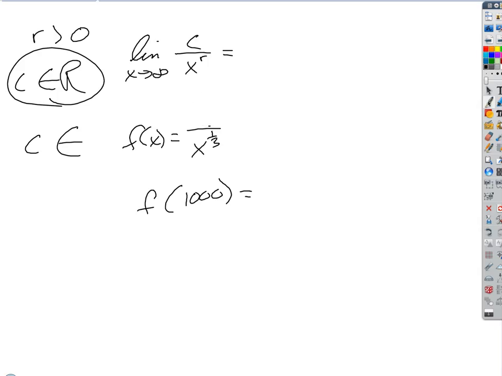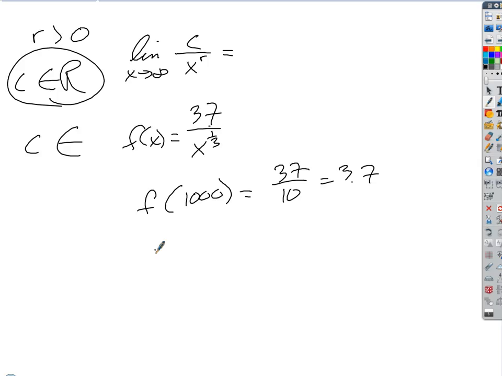Okay, that's big. So f of 1,000 would be 37 over the cube root of 1,000, which is 10. So I just get 3.7, right? But what if it was 2/3? Then we'd end up with 100 on the bottom, and it'd be 0.37.